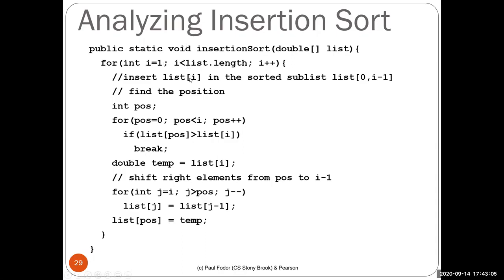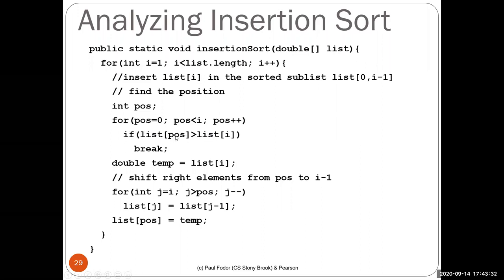You want the list at i to be inserted in the sorted order of the elements between 0 and i minus 1. So basically you first have to find the position. You start from the beginning, and as long as the element at position pos is less than the element at index i, you just continue executing the for loop.